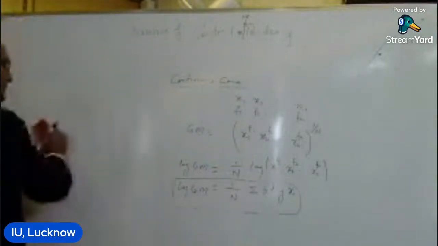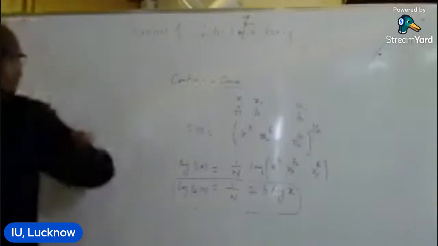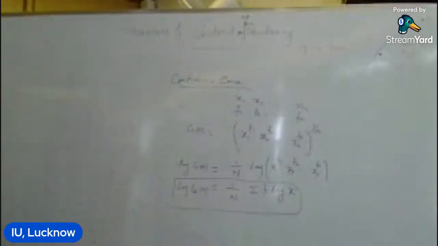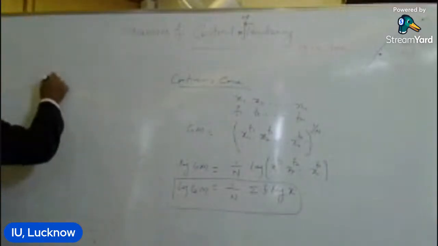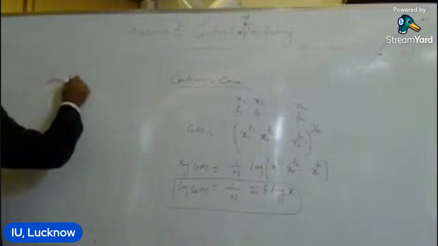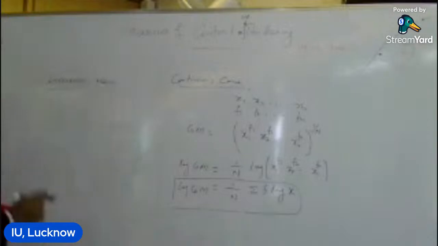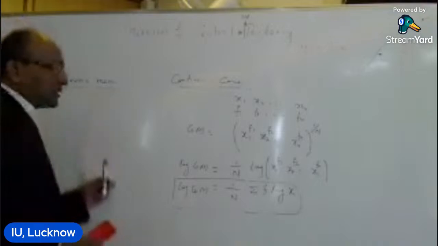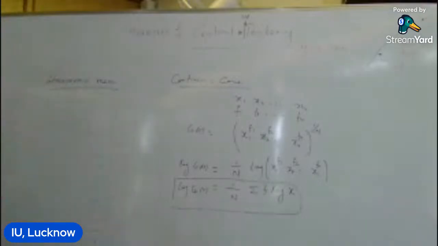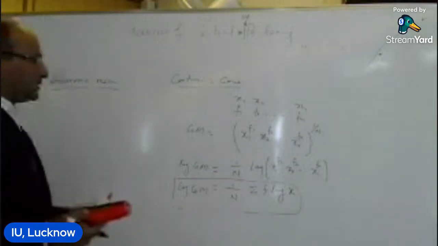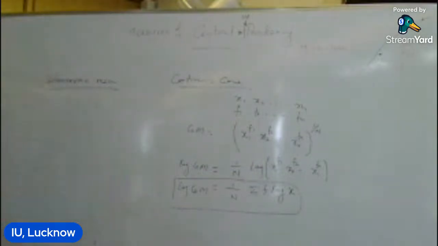Now the next and the last measure is the harmonic mean. Harmonic mean is also used to find an average, but when the variables or data change with respect to another variable. Suppose speed: what is the average speed?